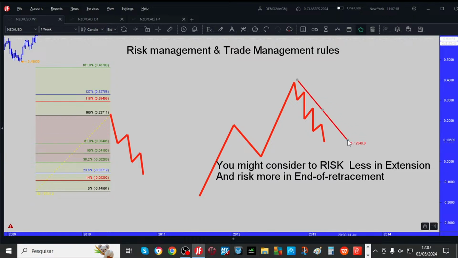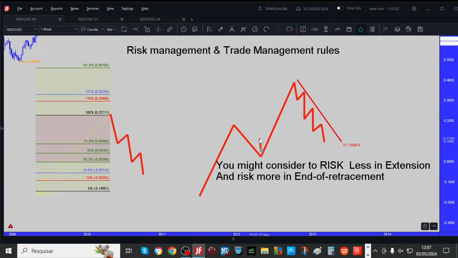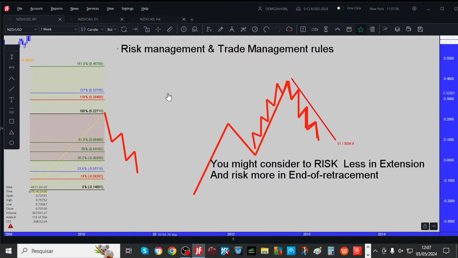So market wave, and we've learned that the market wave is combined with short-term trends, right? Short-term trend. Okay, so here, come on, left click. There you go.